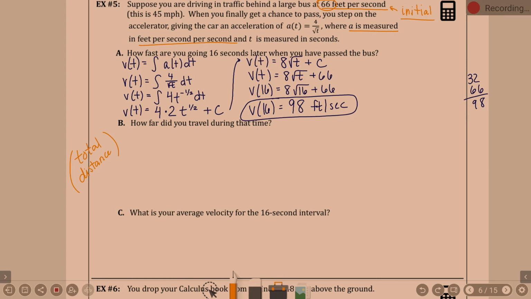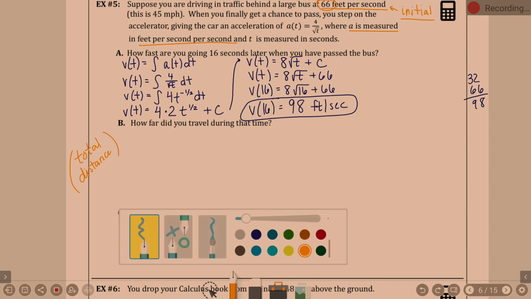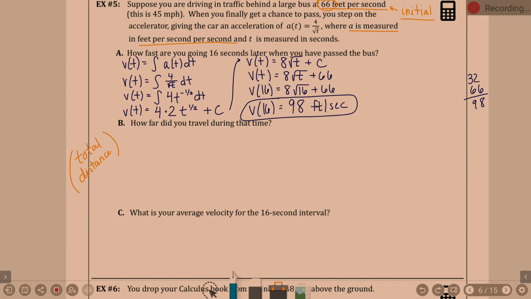So how am I going to do total distance? Integral. That's more along the lines of your position. We do the integral of 0 to 16 of V of t.